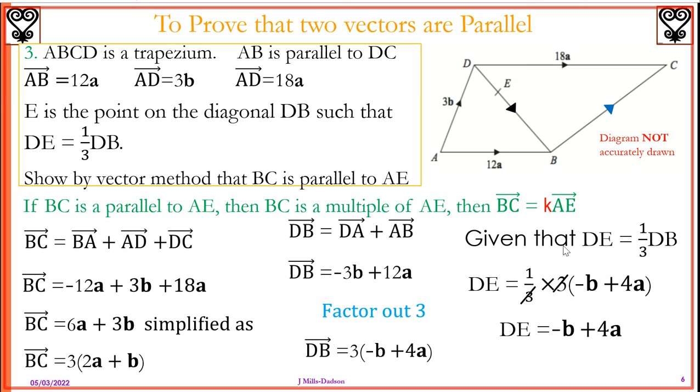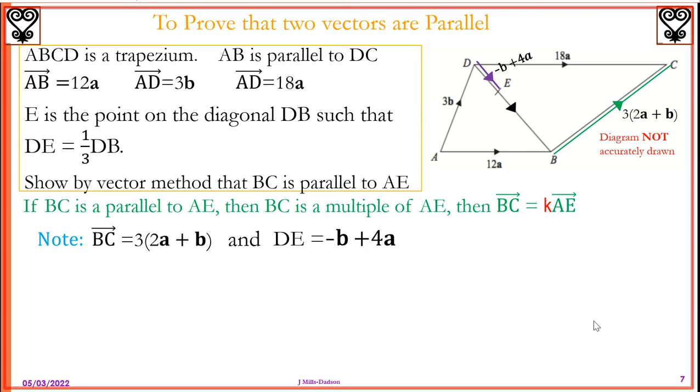So to continue with the proof, let's put down some of the answers on a diagram. We know DE is negative B plus 4A. And we also know BC from the previous slide is 3 into bracket 2A plus B.